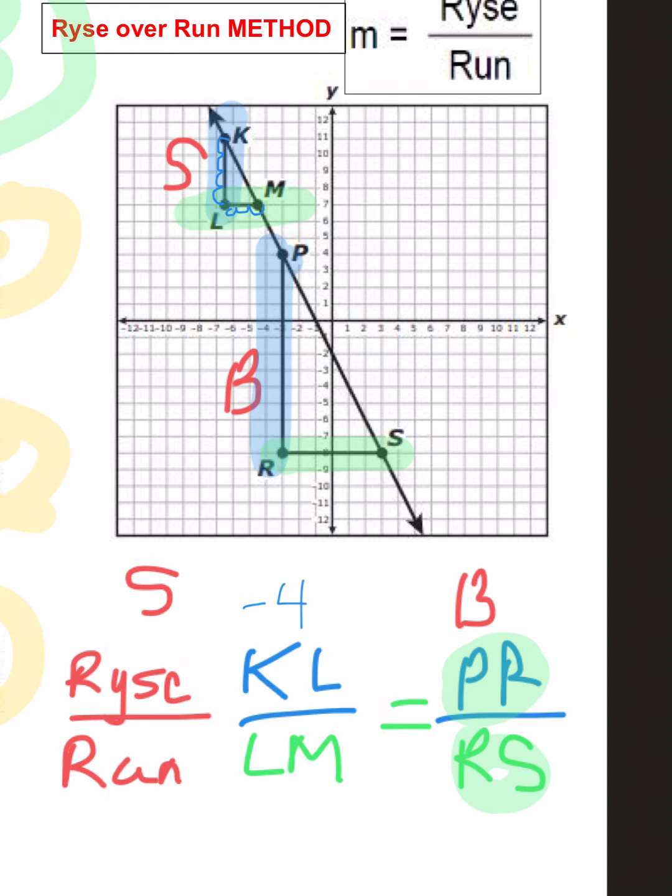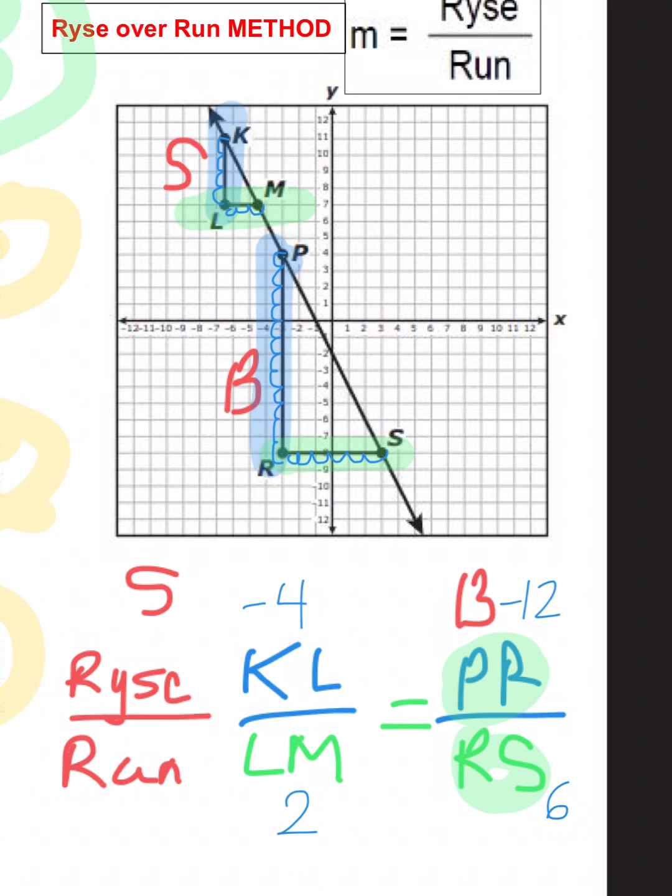That looks like they're halfway, so that's about two halves in the middle there. So then I'm going to do the same with my big triangle. So let's see, from here, 1, 2, 3, 4, 5, 6, 7, 8, 9, 10, 11, 12. So -12. And RS is 1, 2, 3, 4, 5, 6.